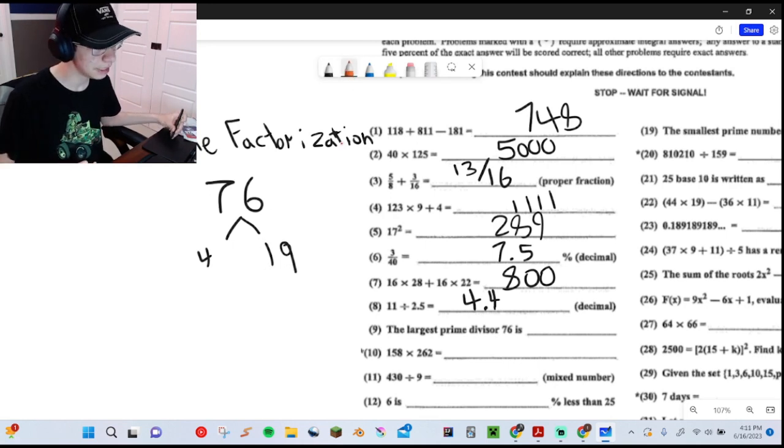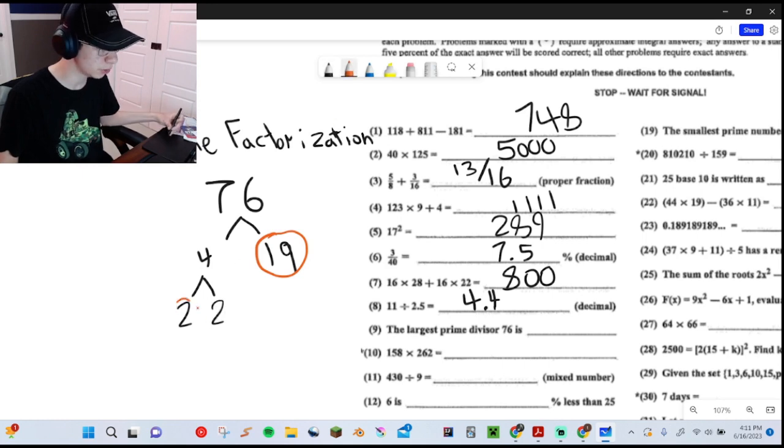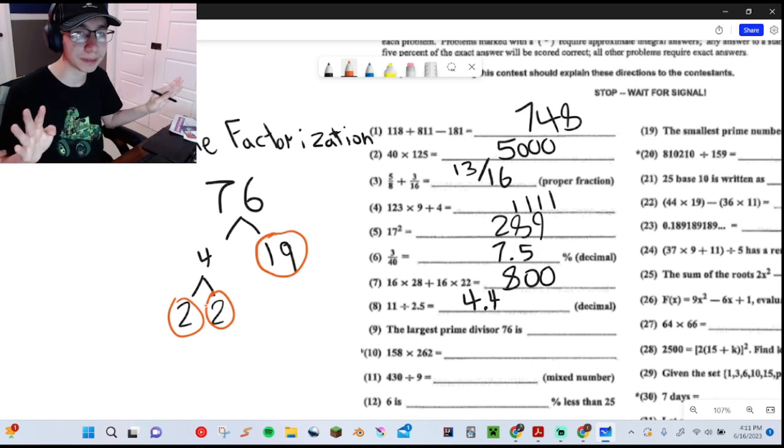And 19 is prime, so let me circle it to show it's prime. My factor tree on that right side ends there, once I've reached a prime number. On the left side I have 4, which is not a prime number, meaning I can break it down further. The 4 can be broken up into 2 and 2. And those are prime numbers. So now the tree has stopped.